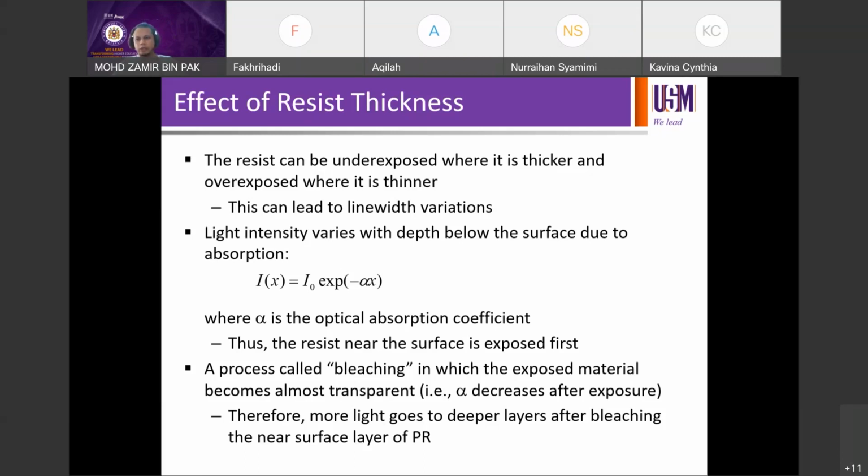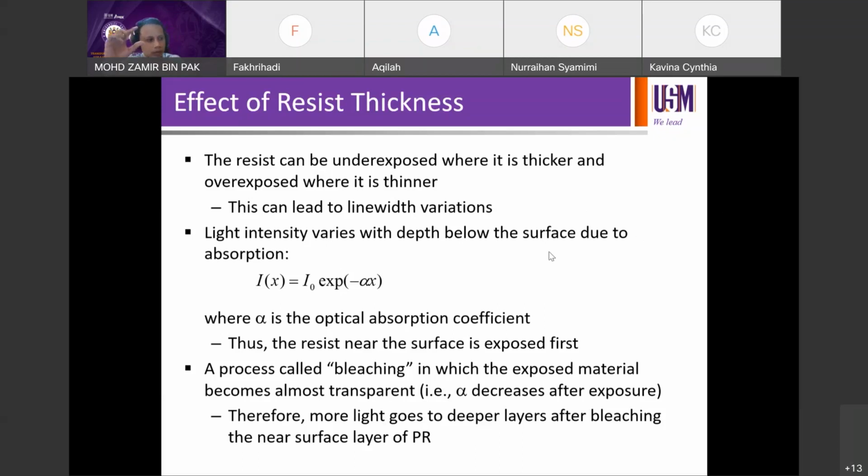So let's recall the DOF. When you understand the DOF, or the depth of focus, we can only ensure that the resolution and the contrast of the features is only ensured within the DOF.